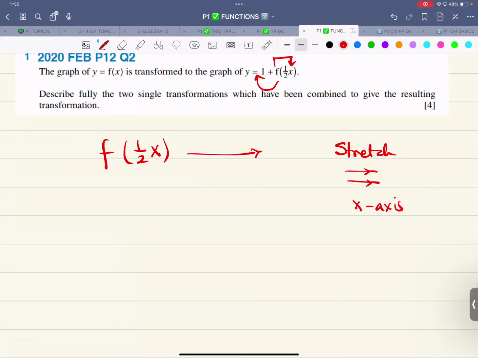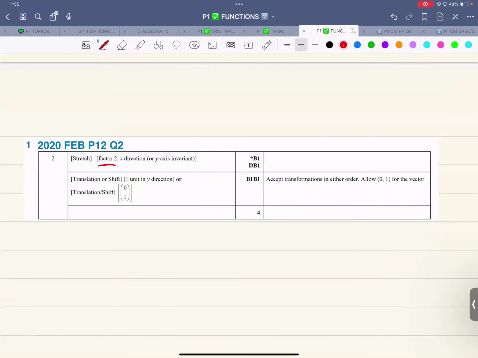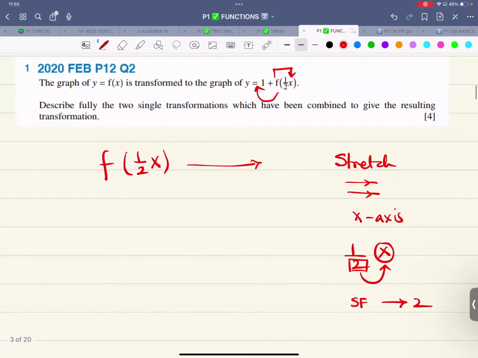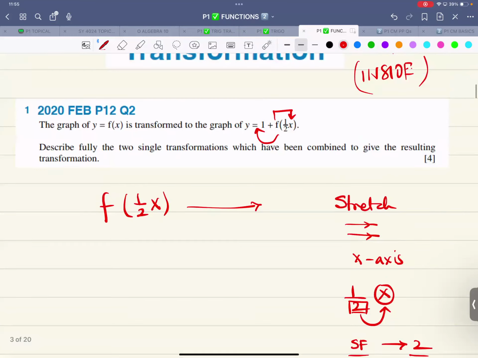And since it says half x, that means the scale factor, this value, 1/2 into x. So now the scale factor is this thing. So scale factor is 2. Let me just double check. The scale factor is 2. You don't need to write x direction or y axis invariant, just ignore that. So now over here, this is the scale factor. That means the x coordinate is multiplying with 1/2. That is the first thing.